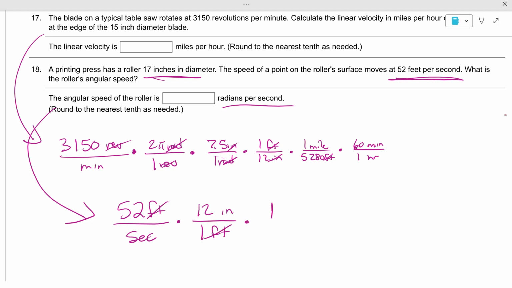And then the radius is 8.5 inches. Inches and inches cancel. So 52 times 12 divided by 8.5. Radians per second.